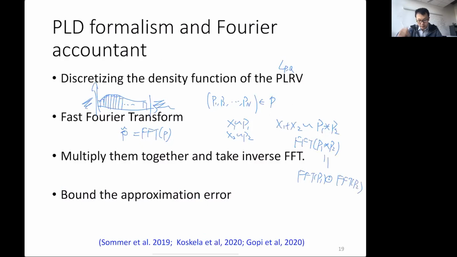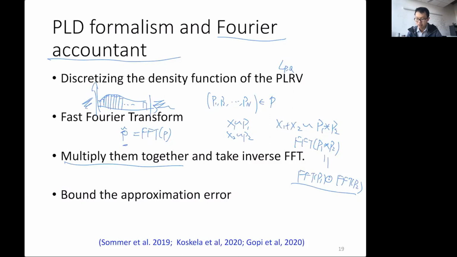So what the Fourier accountant does is that you can represent these privacy loss random variables, the discretized version of the density function, in the Fourier domain, using a vector of about the same length as the discretization. Then you simply do the pointwise multiplication of them together so that you can obtain the Fourier representation of the resulting composed mechanism.